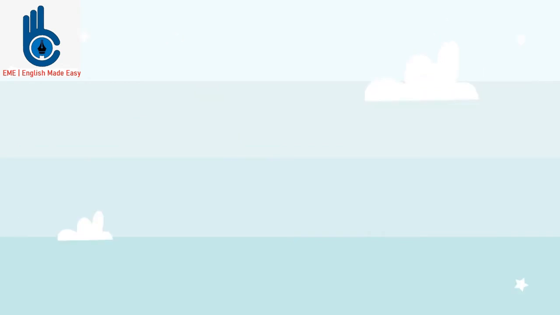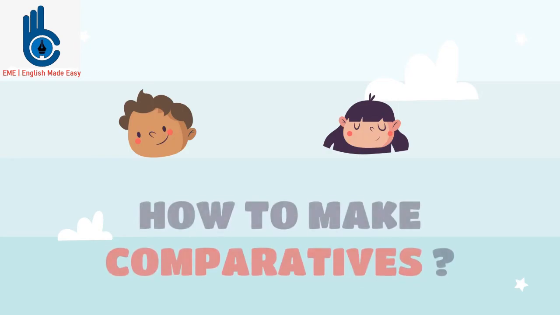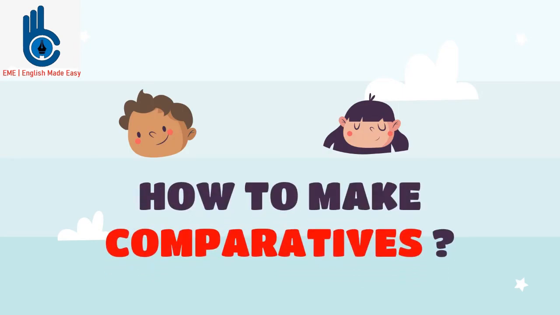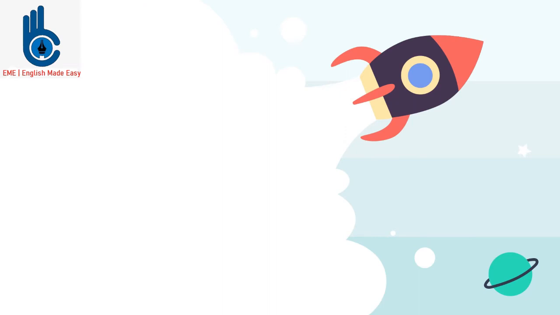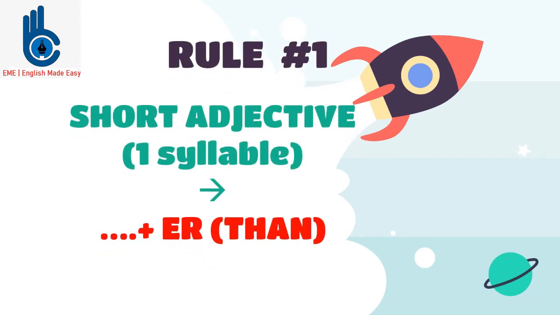After we see some examples of comparatives, can you tell me how to make comparatives? There are some rules to make comparatives. Rule number 1. The short adjective with one syllable, you just need to put ER after the adjective. Don't forget to use than.